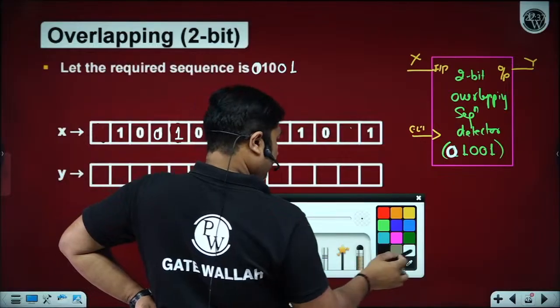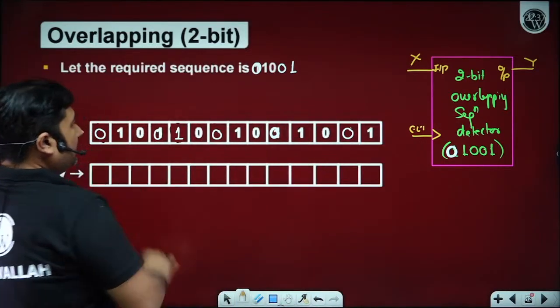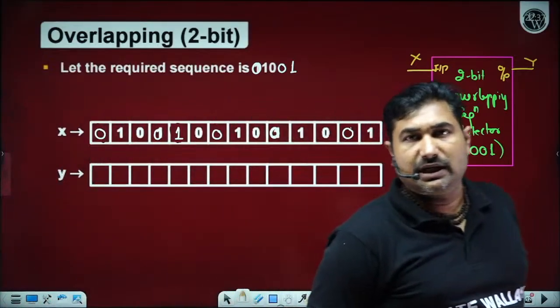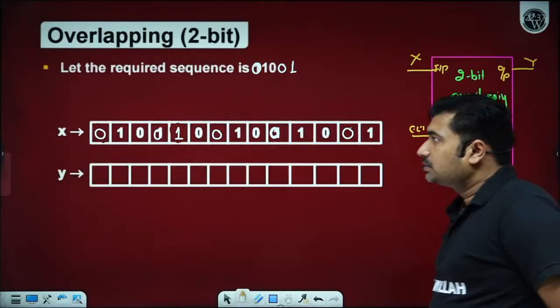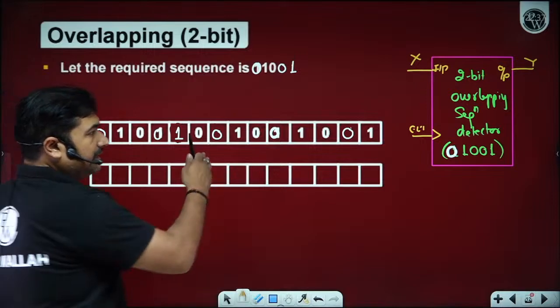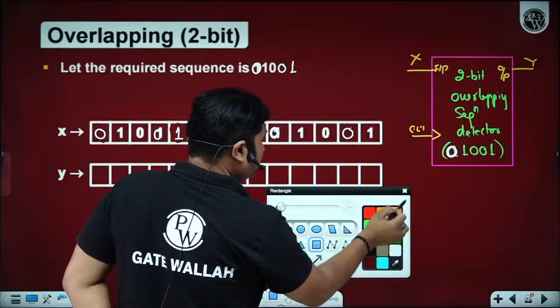Okay. Suppose this is the input bit stream in a 2-bit overlap. In a 2-bit overlap, if this is the input bit stream, the output will become logic 1 only when the required set of sequence got detected.